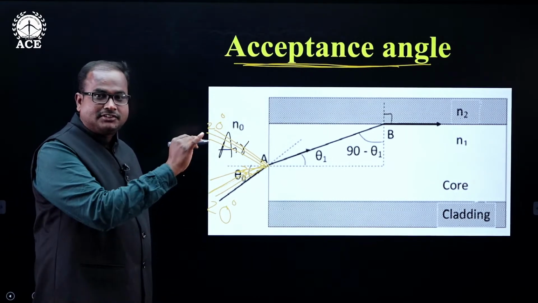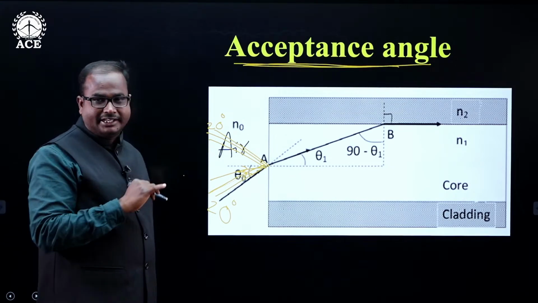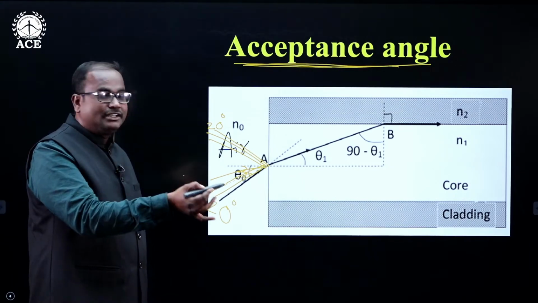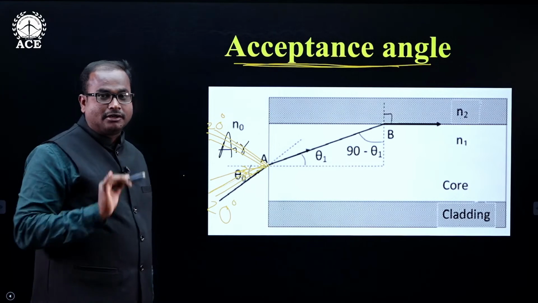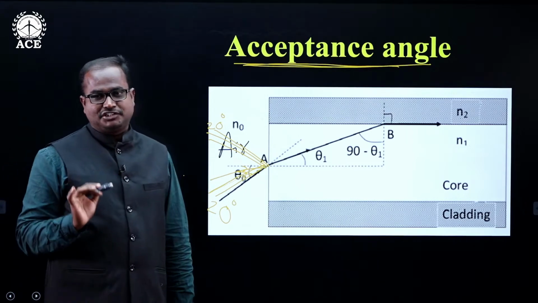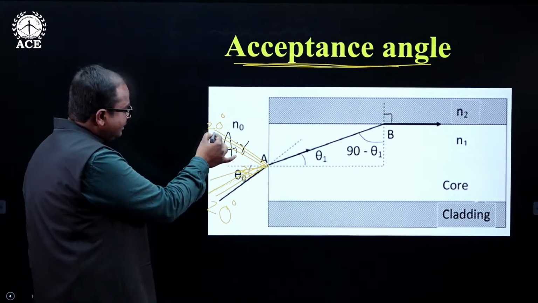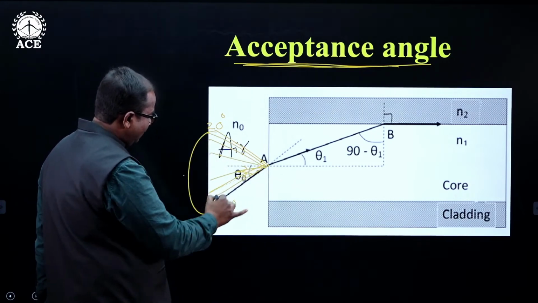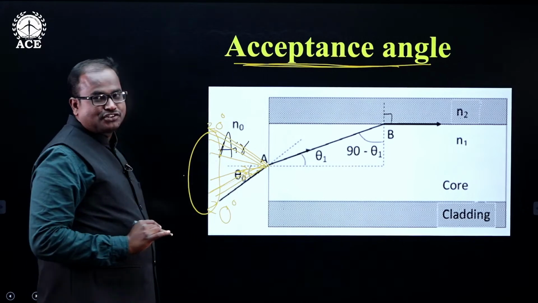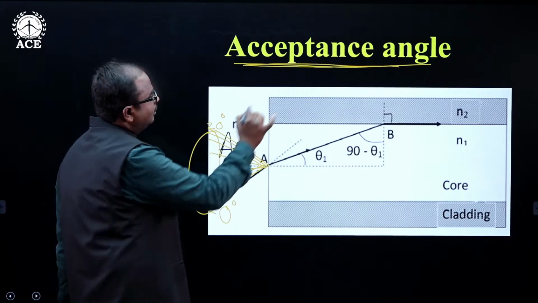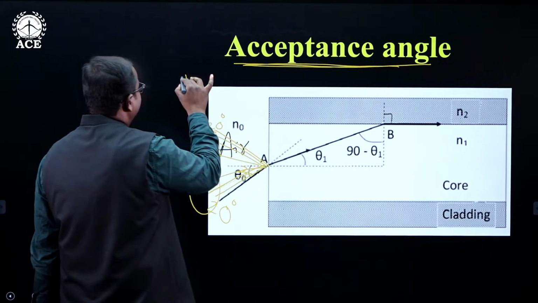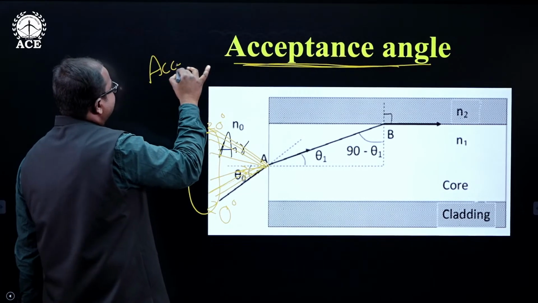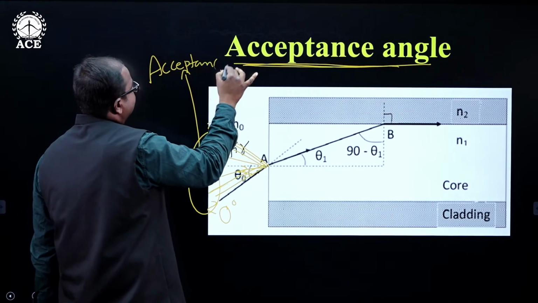Below that 20 degrees, you can send the light ray in all these directions. But if you exceed that 20 degrees, the light ray will not undergo total internal reflection. Now, all these directions, if you join them, you will get a cone type of structure. This cone, we will call it the acceptance cone.